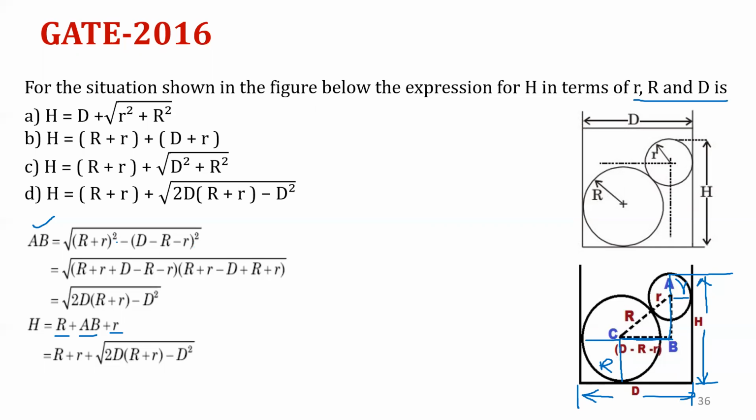So it is a square minus b square formula, (a plus b) into (a minus b). By simplifying this, you can get AB. By adding this, you will get H equal to capital R plus small r plus square root of 2D into (capital R plus small r minus D). The correct option is D.